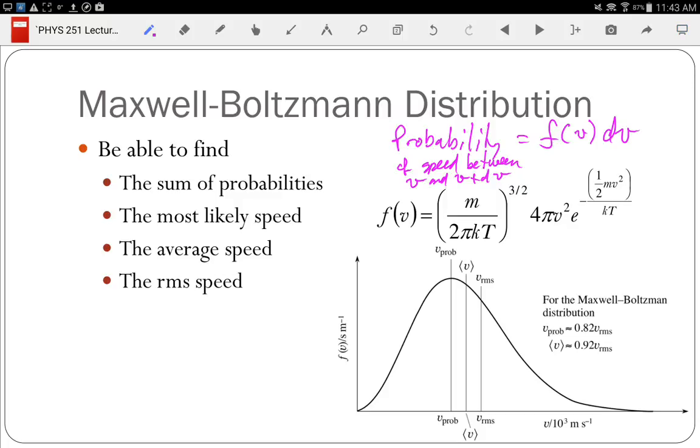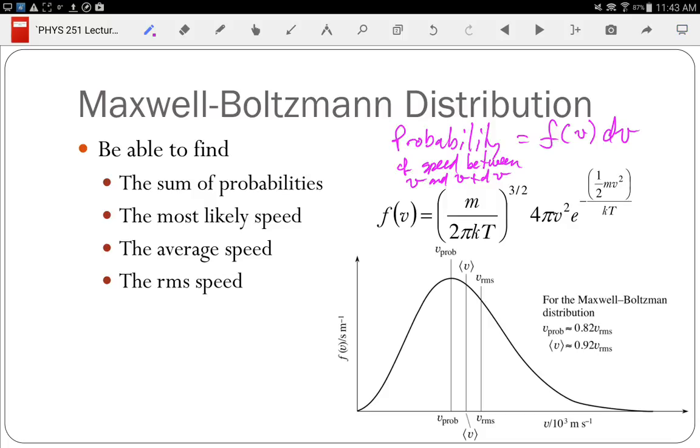Average speed. How do we find the average speed? I like to back up on this. How do we find the average position for mass, what we call the center of mass? The integral of x dm over the total mass.